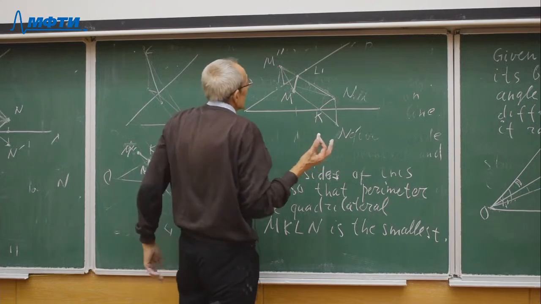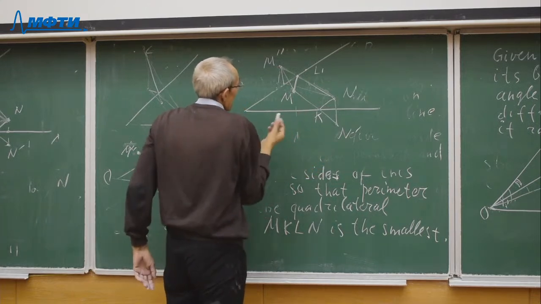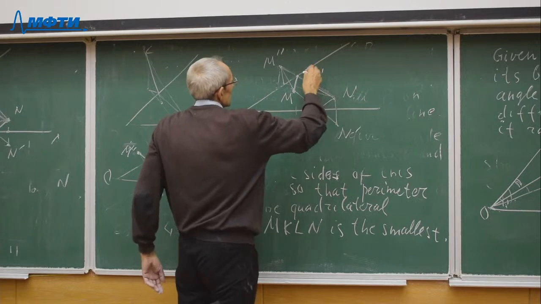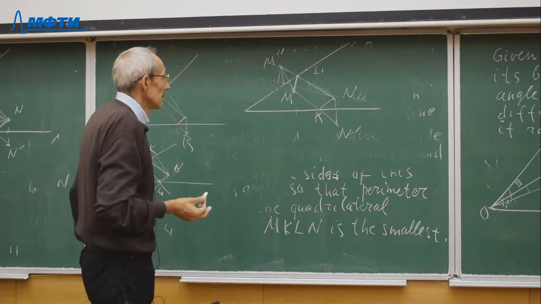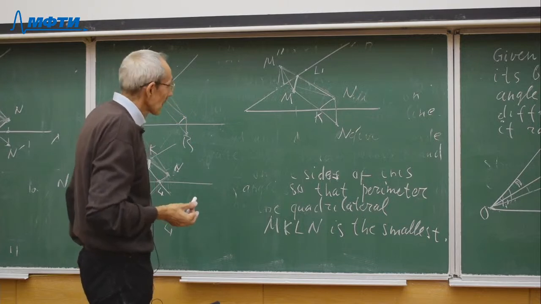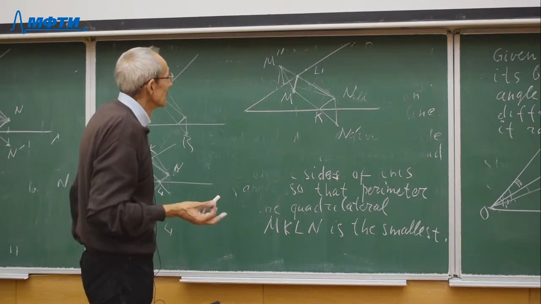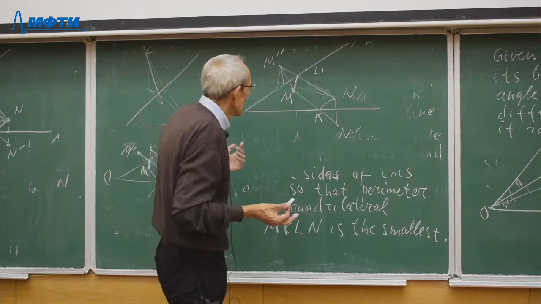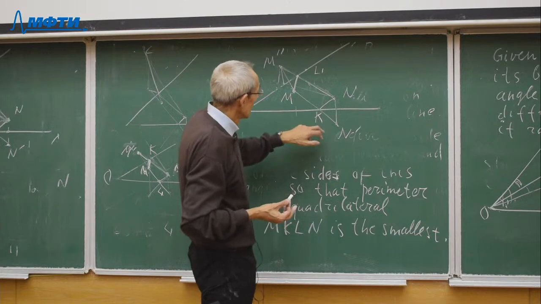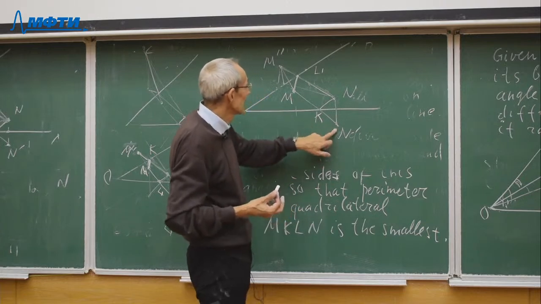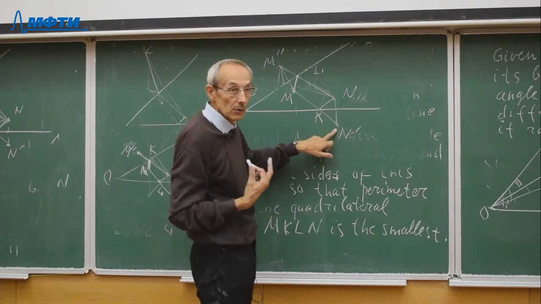And if I choose any other point, the sum of distances is more than this sum. In this construction I can choose only one point.